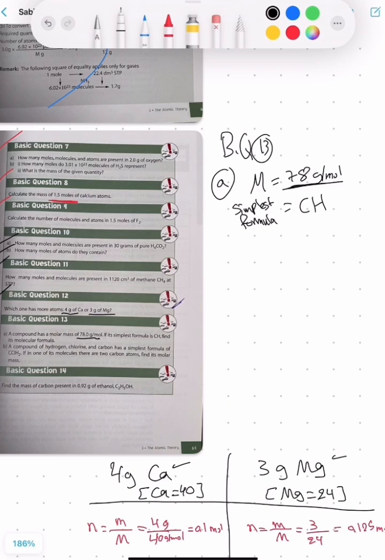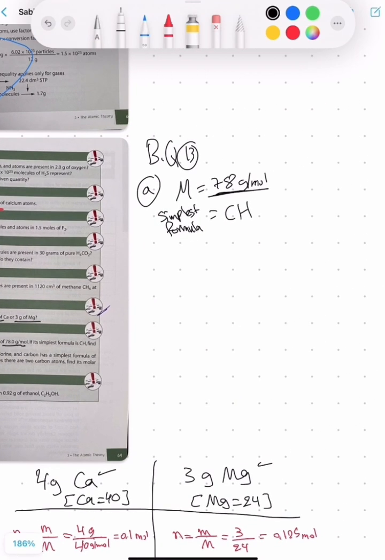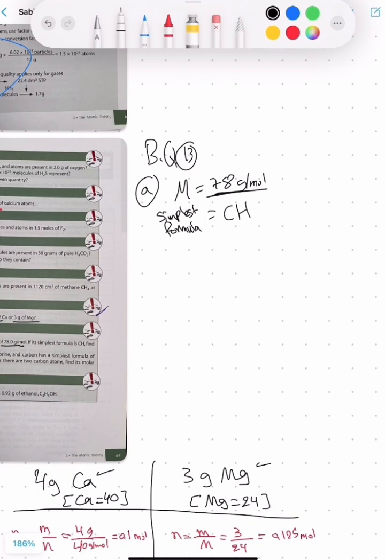Find the molecular formula. How would you find molecular formula? It's easy. Just calculate the molar mass of the simplest formula. The question will give you carbon is 12, hydrogen is 1. So calculate molar mass, which is 12 plus 1, so it's equal to 13 gram per mole. Then we have 2 molar masses.